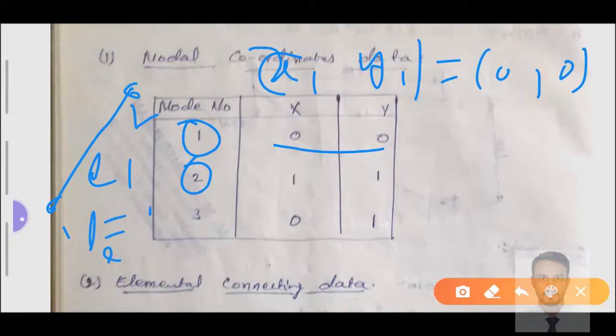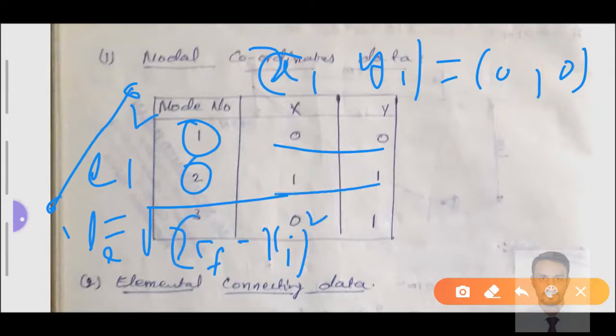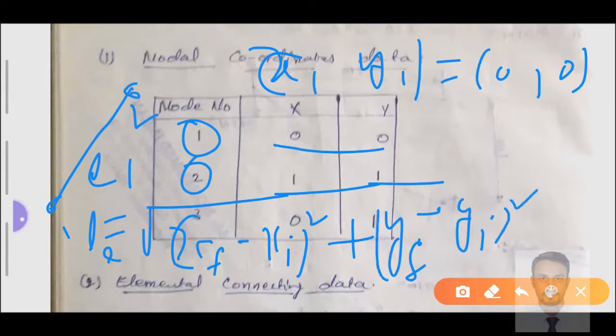So LE equals the square root of (x final minus x initial) whole square plus (y final minus y initial) whole square.